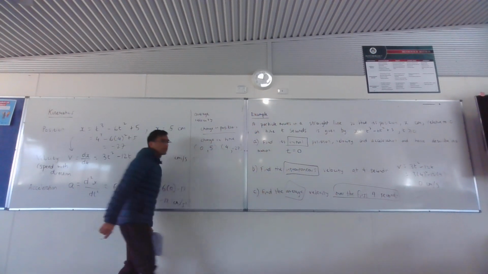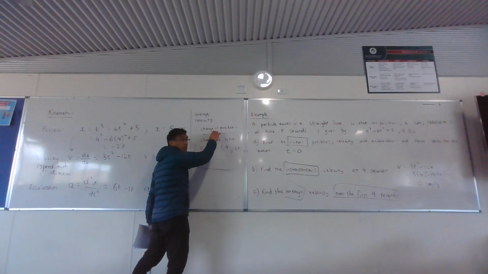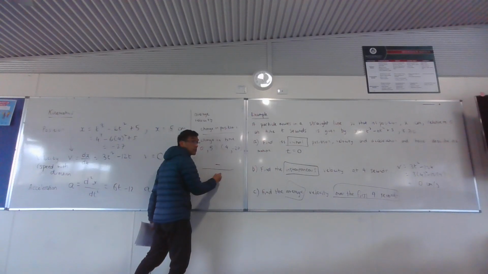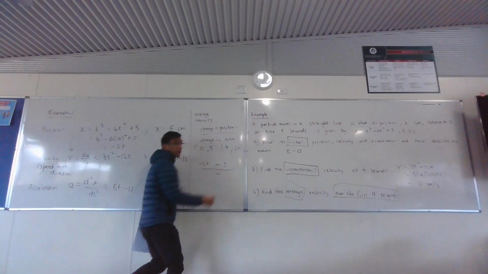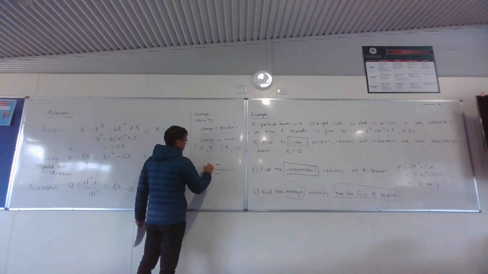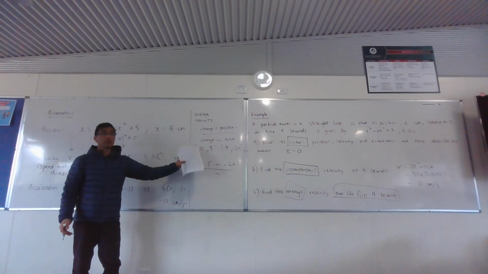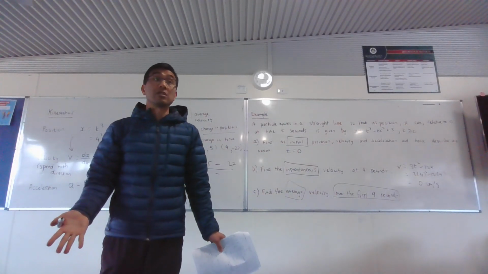Negative 27. So if I want to find the change of position, I'm finding the difference. So the difference between negative 27 minus 5, or if you want 5 minus negative 27, what is this really? It's gradient, rise on run. That's all it is.